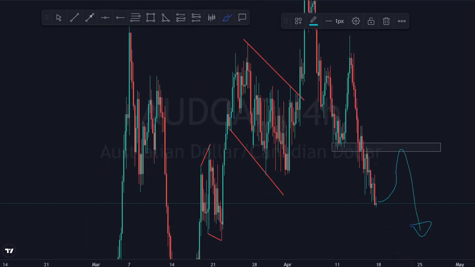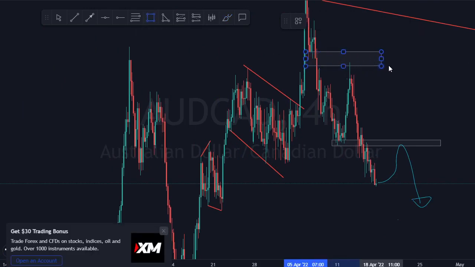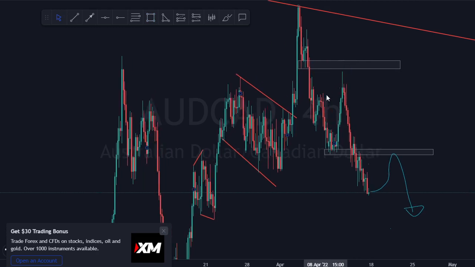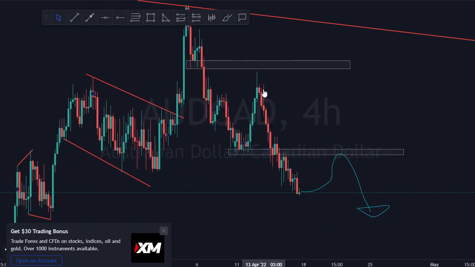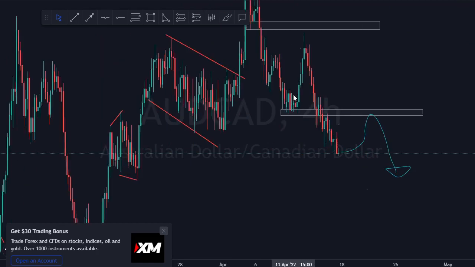Continue all the way to the downside. Let me see if the same thing happened here. It was near the zone, and went down.